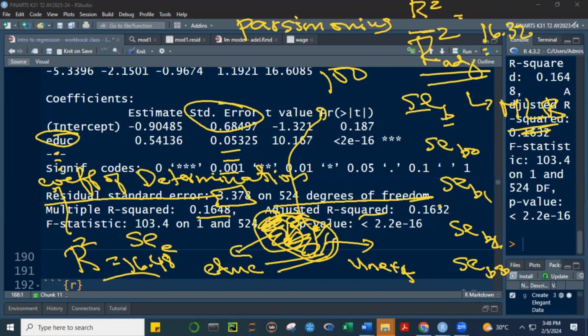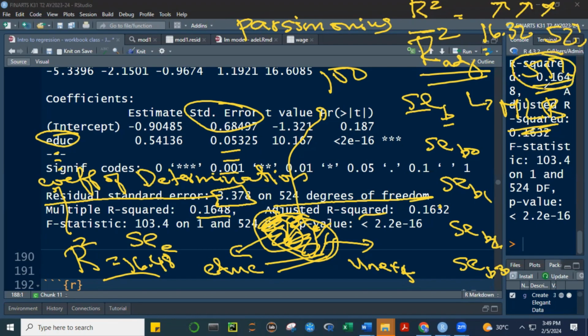na, kunyari naging 52% na siya. Tapos pag nagdagdag ka ng another variable, magiging ano na to? 51 na lang. O class, so ano nangyari? Si R squared, tataas lagi ng tataas yan. Pero sa adjusted R squared, it reaches a certain point when you add another variable, bababa na siya.